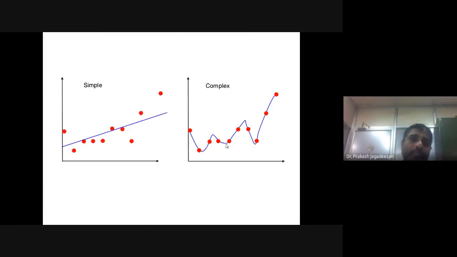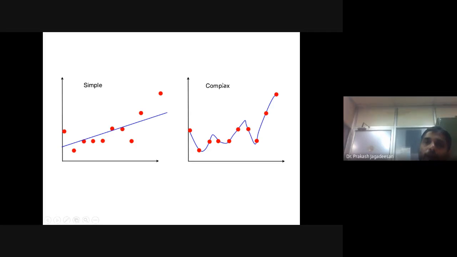And then here, in this slide, there are two figures. On the left is a simple model, with very low complexity, and on the right side is a very complex model.